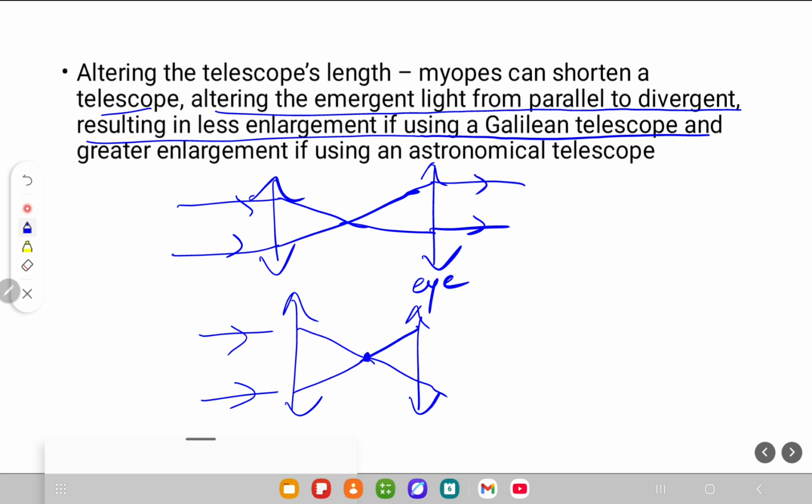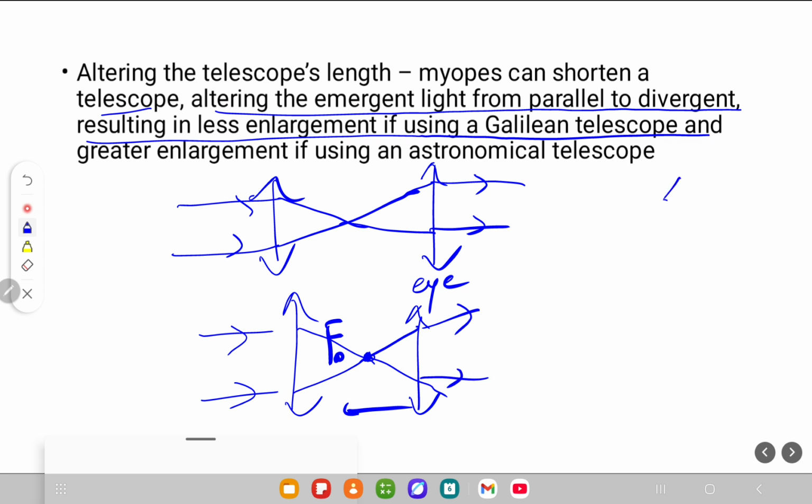So what happened here? The object is here and the focal point of the telescope is here. Now see, this is the focal point of the eyepiece, definitely. Then the object is here. What happens? Diverging light comes from it.